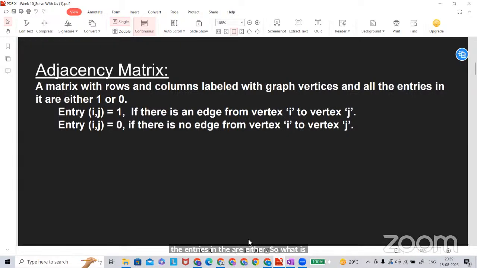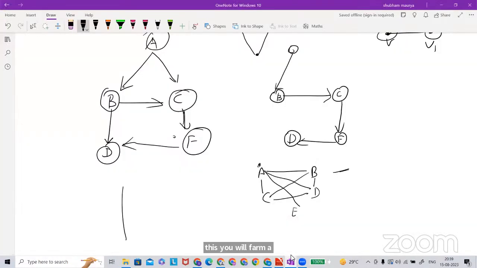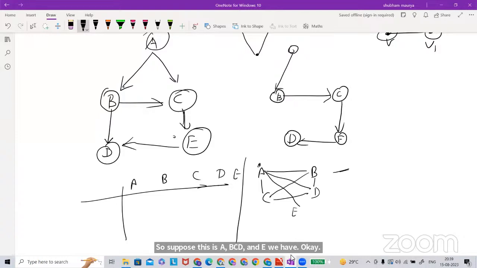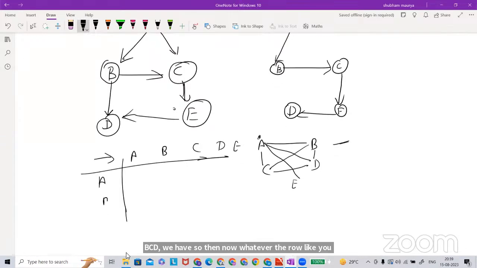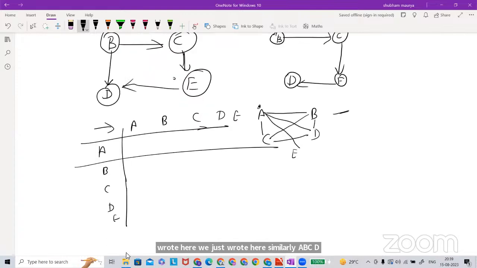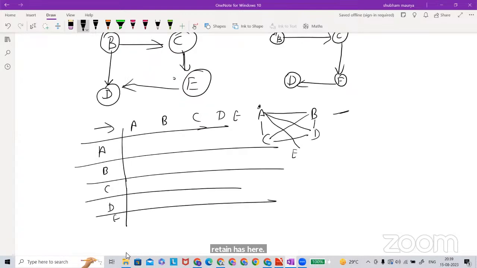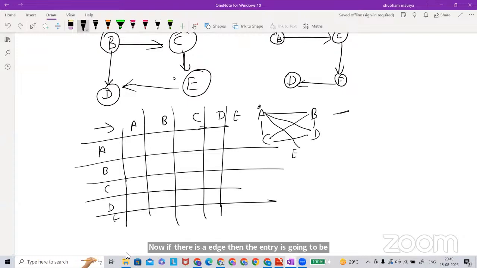You will form a matrix like this, and suppose we have this graph with A, B, C, D, and E. Whatever the rows you wrote here, similarly A, B, C, D, and E would be written as columns. Now, if there is an edge, then the entry is going to be non-zero, meaning only 1 we can write. So this matrix is made for a directed graph, right?